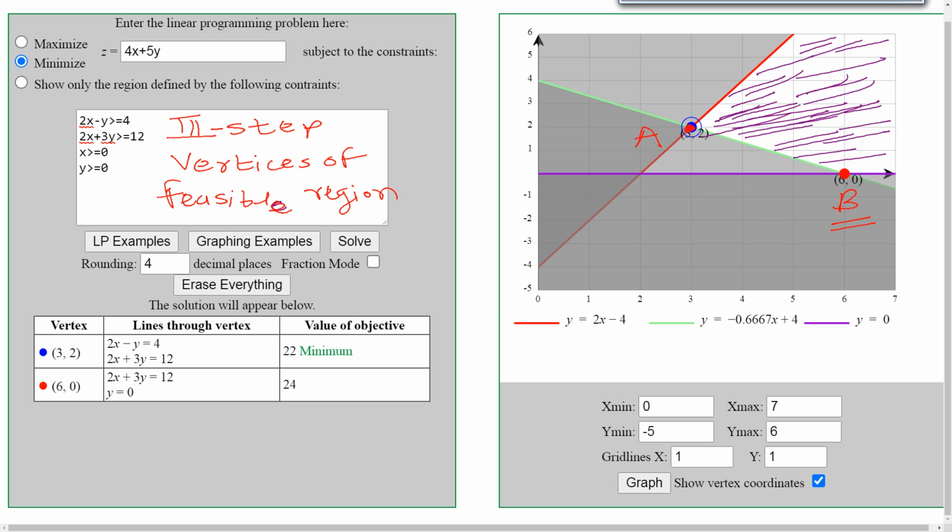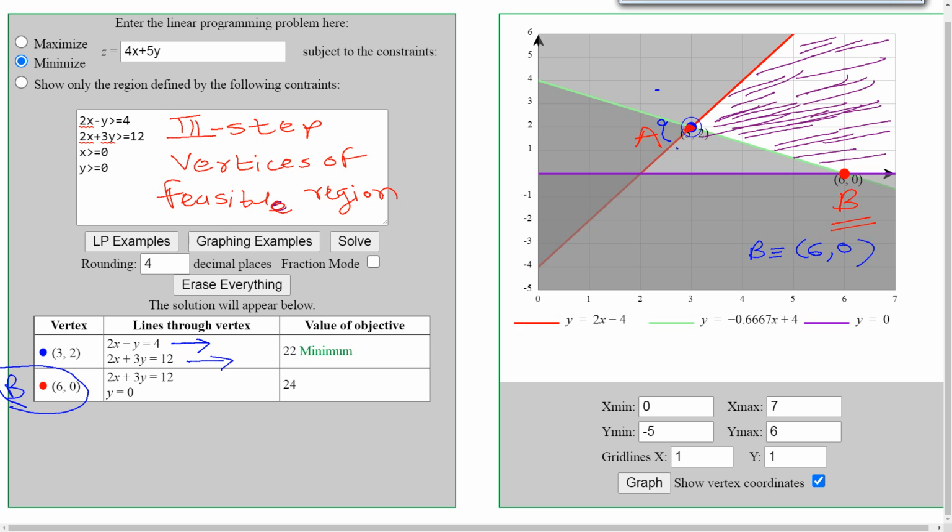So this is point B and it has coordinates (6, 0). Now the question is how to obtain the coordinates of point A. It is the intersection point of these two lines, 2x minus y is equal to 4 and 2x plus 3y is equal to 12.